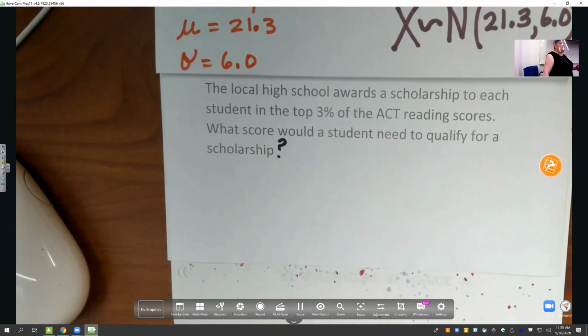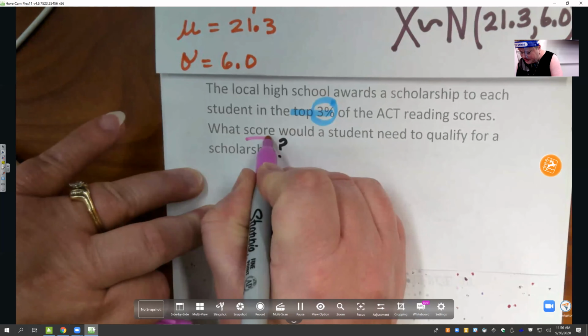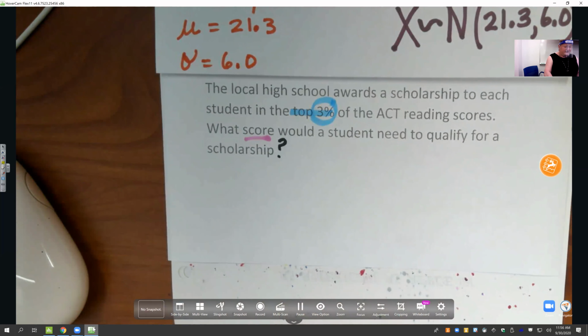Okay, so it's not just as straightforward. It doesn't just say find the whatever percentile. But what I notice when I read this question that's different from the others is it says top 3%. I'm given the percentage. I start out knowing the probability. It also uses the words what score, so it tells me I need an X value.